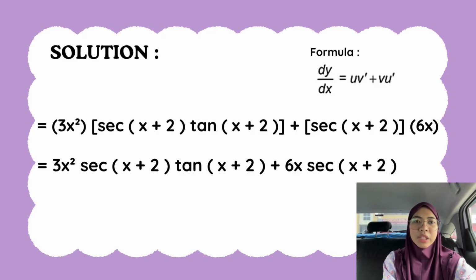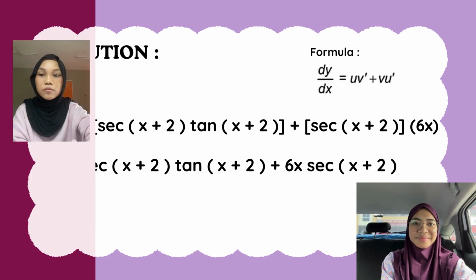So, the final answer is 3x squared sec x plus 2 tan x plus 2, plus 6x sec x plus 2. And that's the full solution.